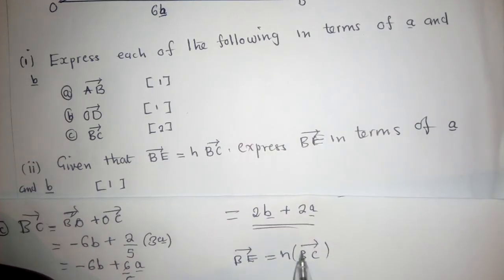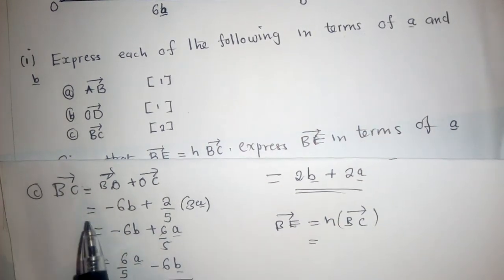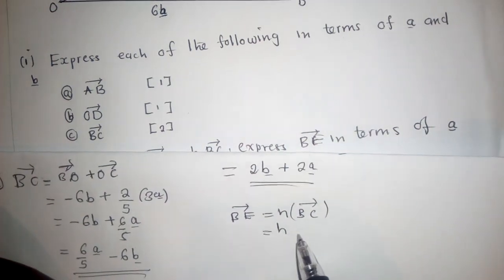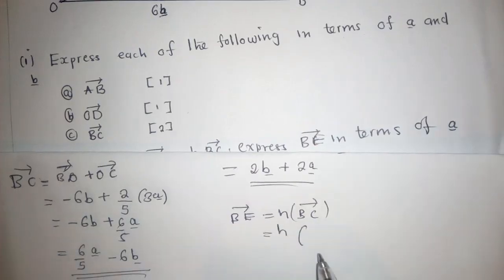Okay, so this BC, if you can see nicely, we just found it here. This is BC. So what you do, you get your h and then put the BC you found, which is this one in this case.